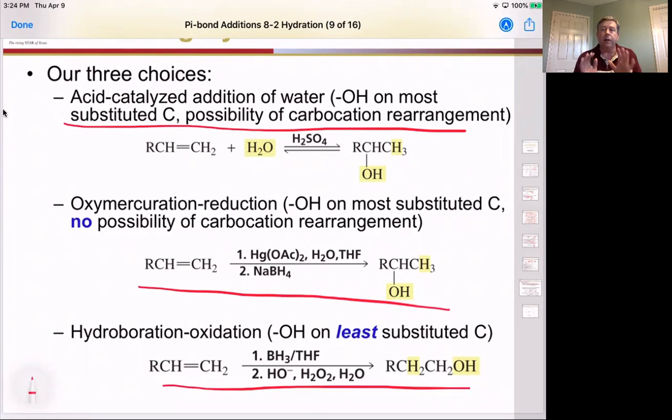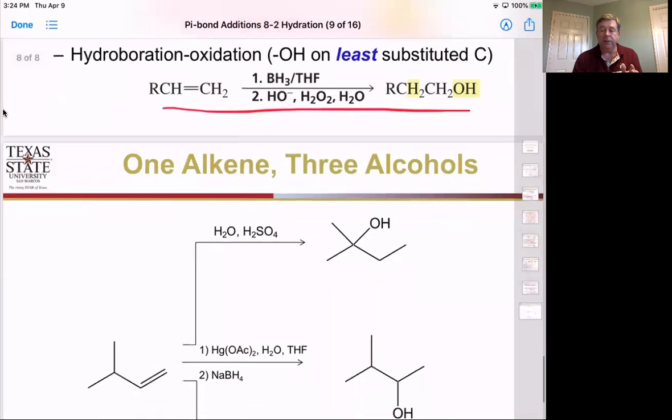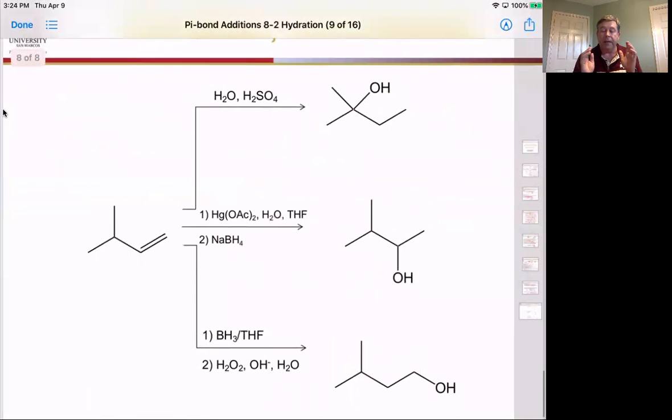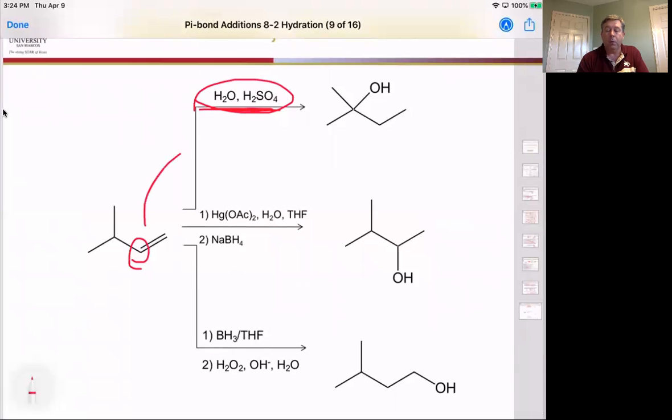Okay, so how can we use this to our advantage? We can use the same substrate and generate all three types of alcohol by choosing our reagent. So if we choose our acid catalyzed hydration here, we form initially the secondary carbocation, but because we can get cation rearrangements, we'll actually convert a significant amount of it to a tertiary alcohol because that carbocation did a 1,2 hydride shift.